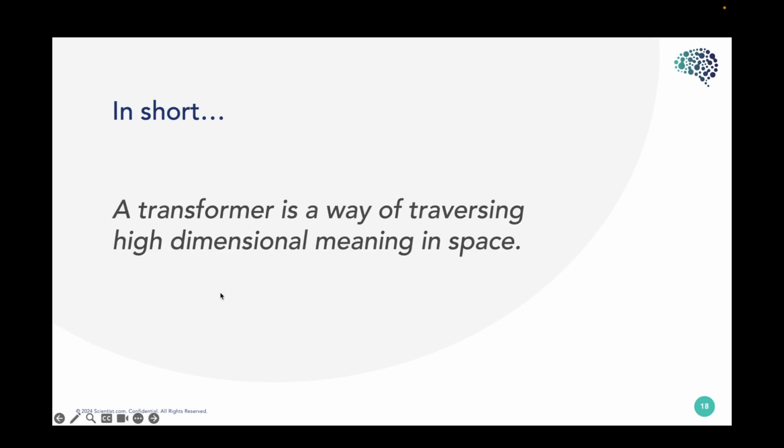In short, I like to think of a transformer as a way of traversing high dimensional meaning space. In the embeddings talk and in the attention talk, we talked about how words can be embedded in these high dimensional meaning spaces such that the meaning of the word is retained. The transformer is moving through meaning space to find the next token.